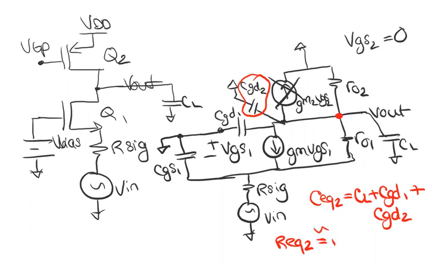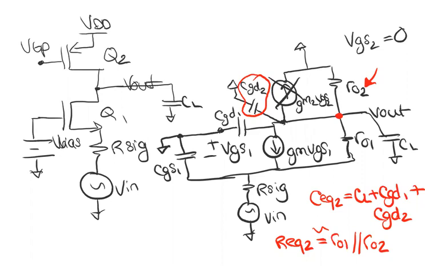Now it'll be approximately R01 in parallel with R02. So R02, the drain resistance of the PMOS device, replaces RL.